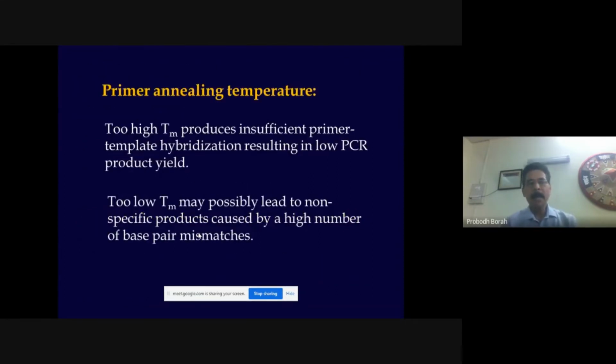Then primer annealing temperature. Now, if the TM value is very high, then necessarily our annealing temperature will also be higher.